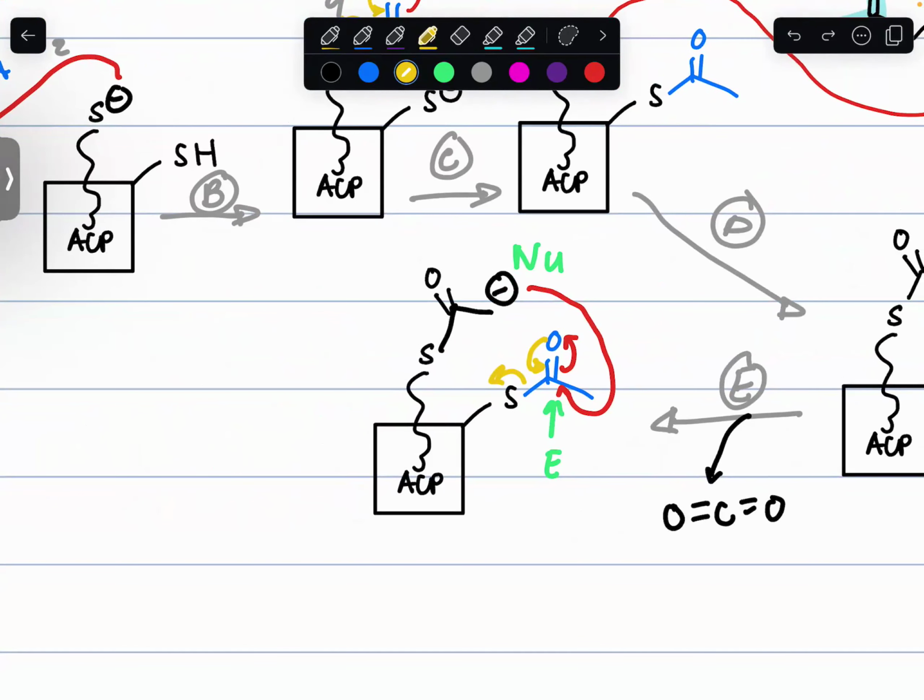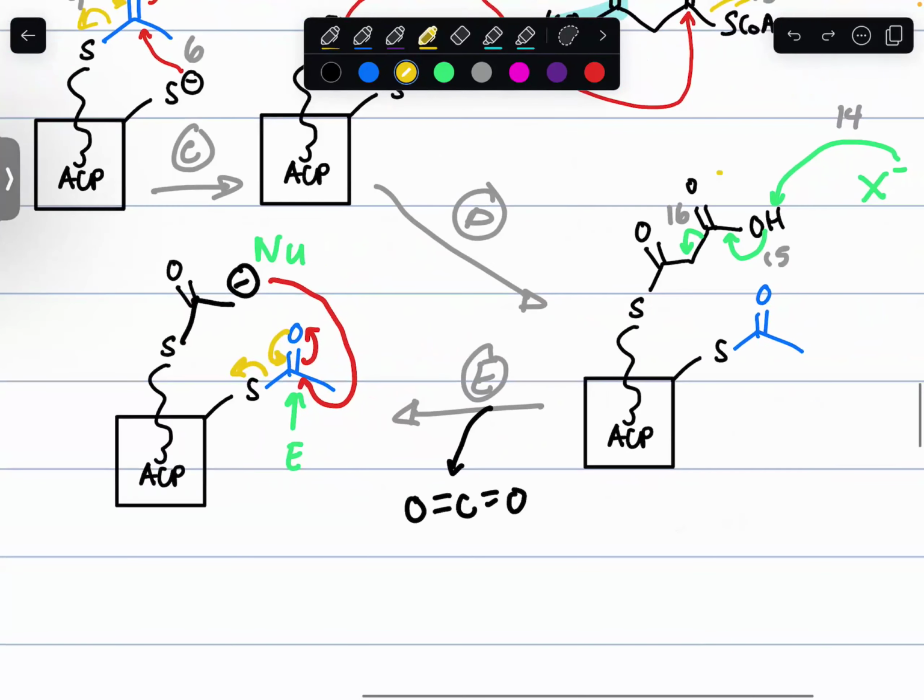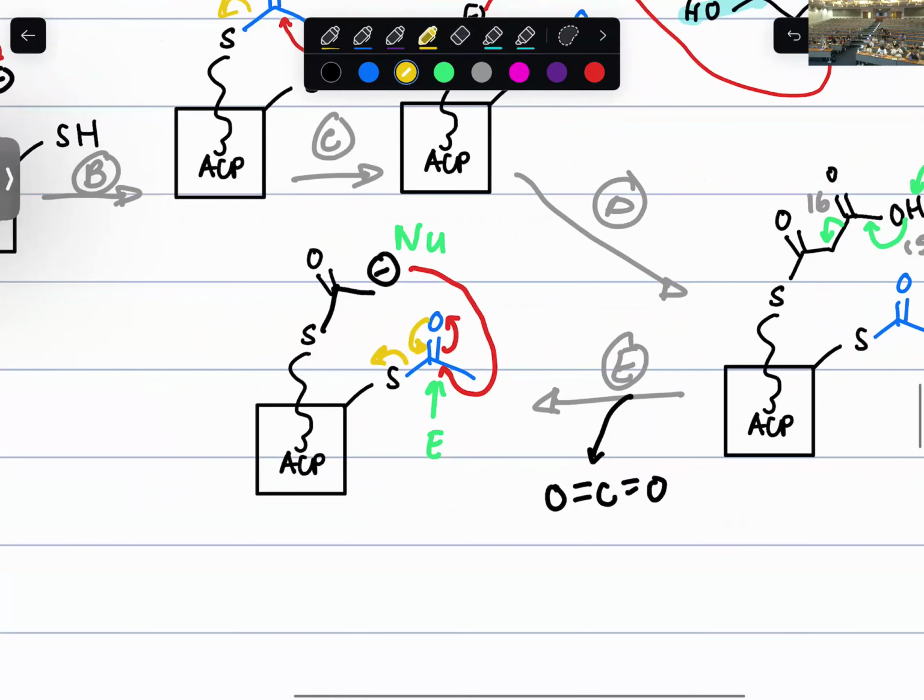Are we ready to move on to step 2? This part? So this negative created a bond here. So we'll see when I draw the next step here that it's now attached here.